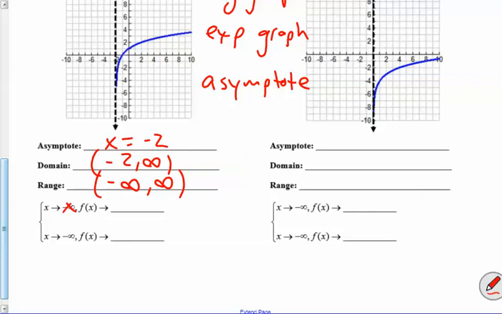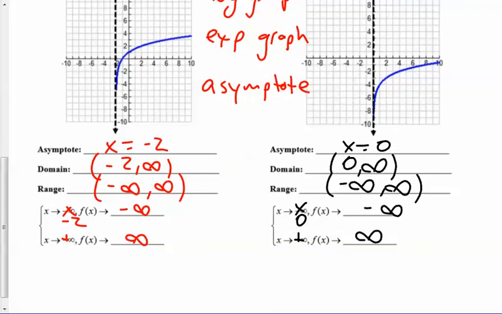So it only approaches negative 2, but goes down to negative infinity as it goes down. As x goes to the right, the graph also will go up. Okay? So let me make this change here. So try the graph to the right, and I'll put the answer up for you when you're done.